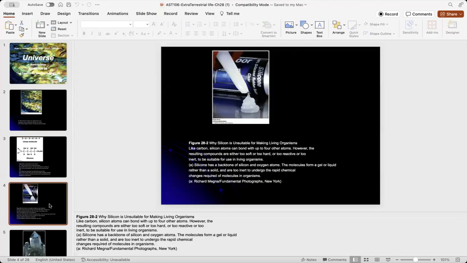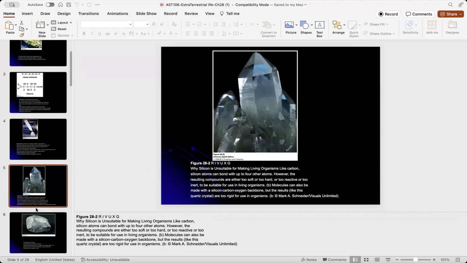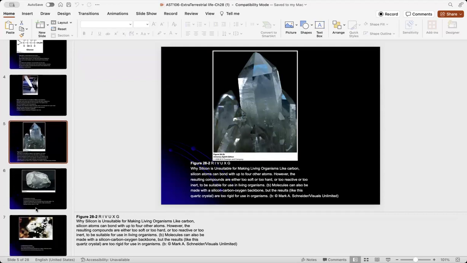And the reason for that is that silicon compounds, the way they exist, are either too soft or too hard, like the quartz rock. And so both of those situations are not suitable for formation of life.